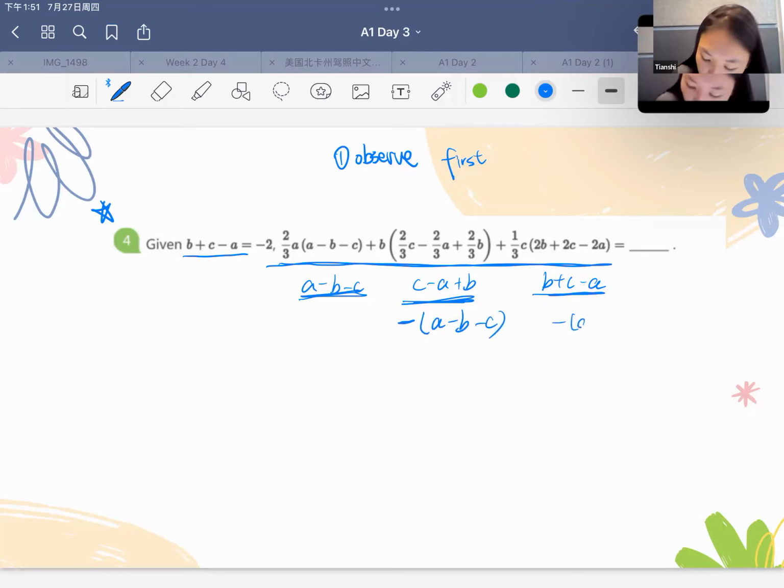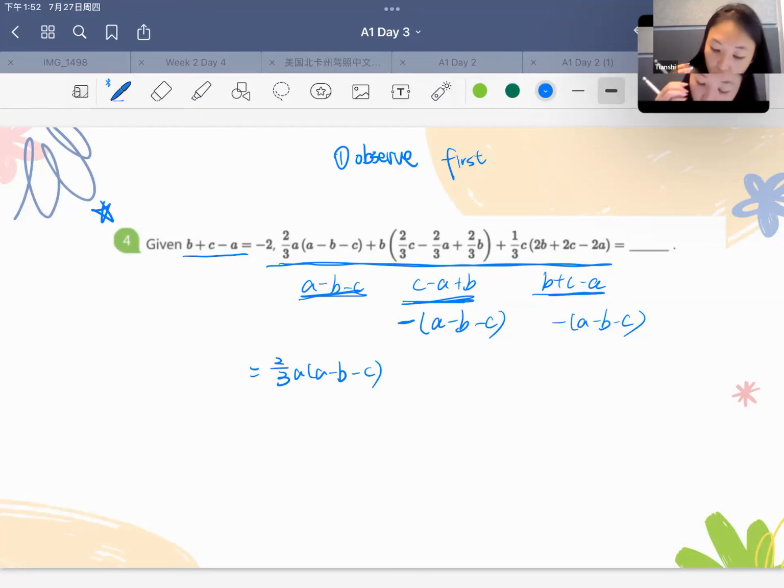And this one will be minus a minus b minus c as well. So actually, we can construct the like terms by ourselves, right? So all of them will have the same combo. So let's do the calculation. The first term, we just leave it as it is. So the first term is 2 over 3a, and then a minus b minus c.